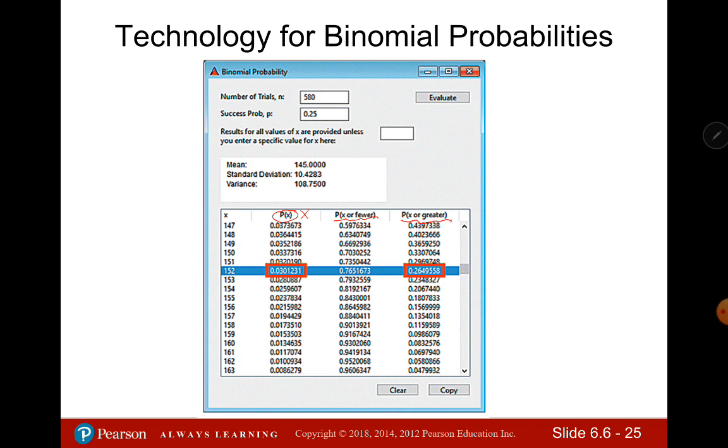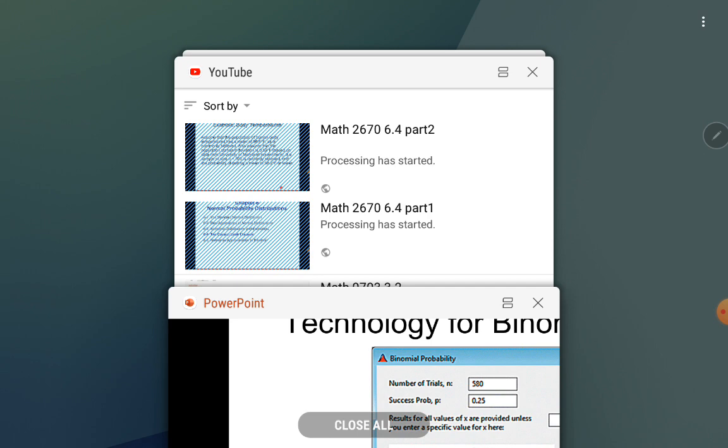Always use this kind of value to determine significance, not the single x value's probability. So that's all for chapter 6.